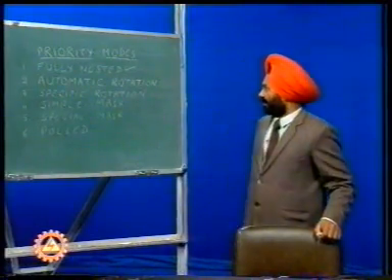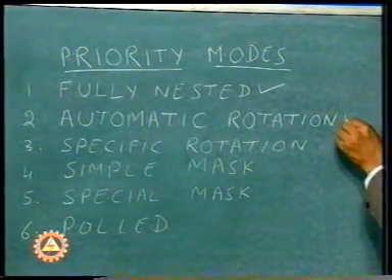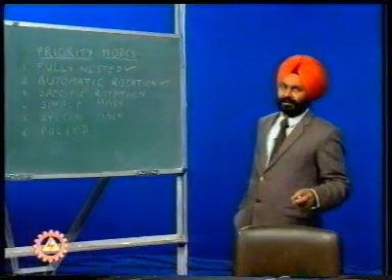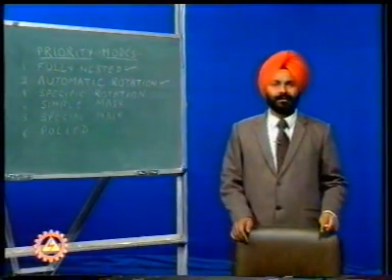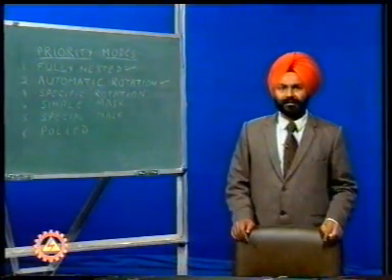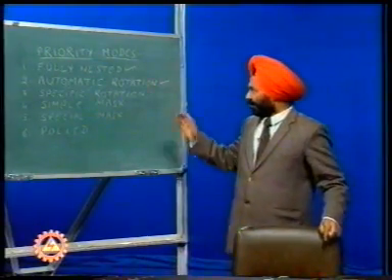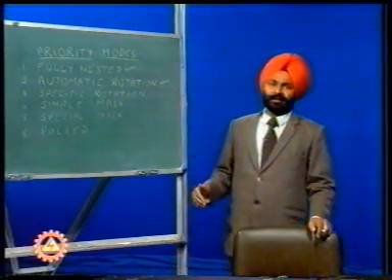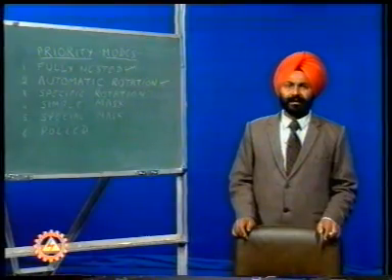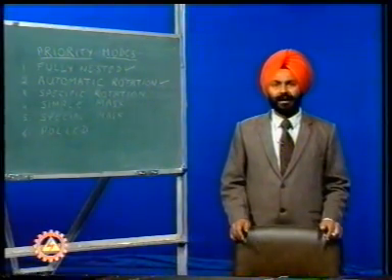Like in the case of automatic rotation mode, whatever the initial assignment of the priorities, whenever any interrupt is serviced, that interrupt is automatically given the lowest priority, and the next interrupt is given the highest priority.